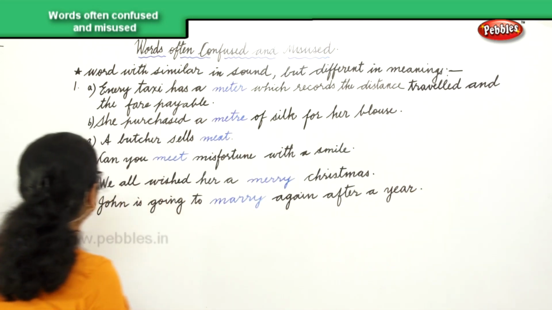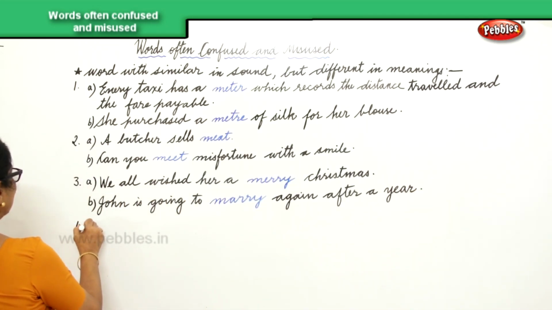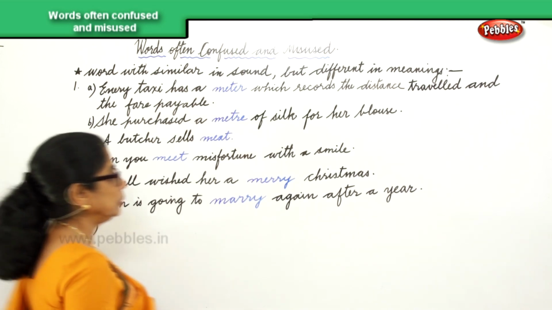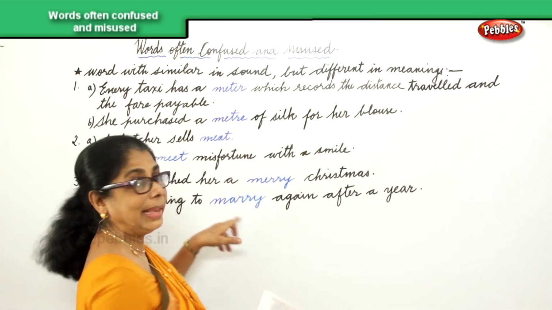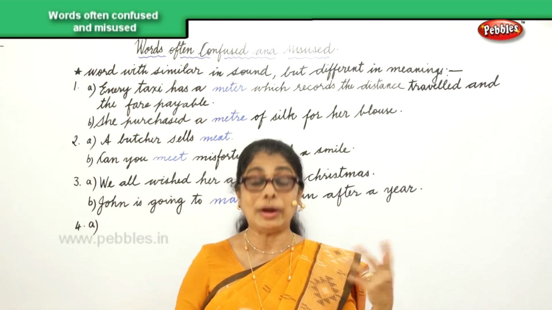Now, let's look at another set of homophones. Here, M-E, M-A, only one vowel difference.